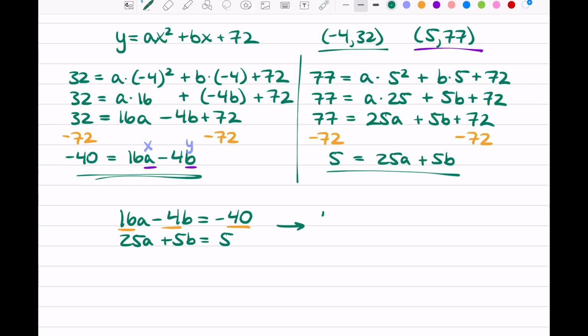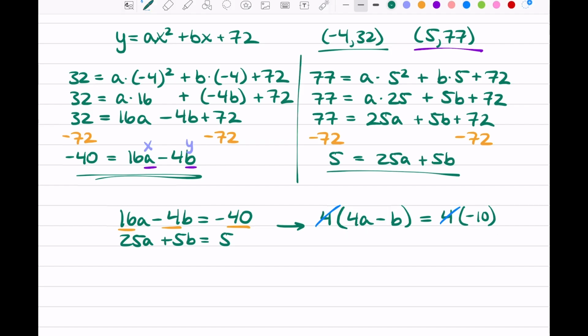Now if we factor out a 4, this becomes 4 times (4a minus b). We're essentially dividing out a 4, so if you multiply that 4 back in, you would get the original expression. And same on the other side, we can write this as 4 times negative 10. So if we divide both sides by 4, we cancel out those 4's. Now our equation looks simpler.